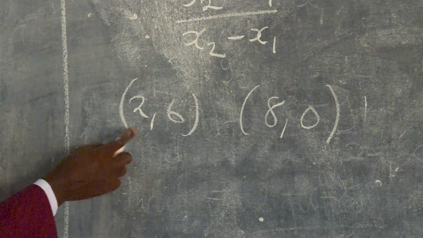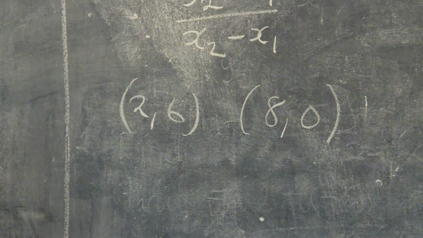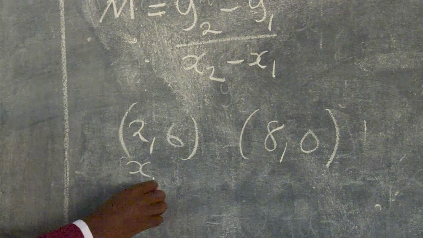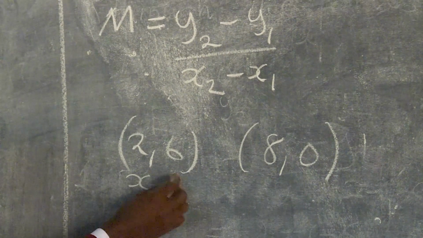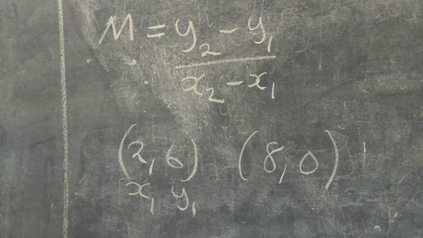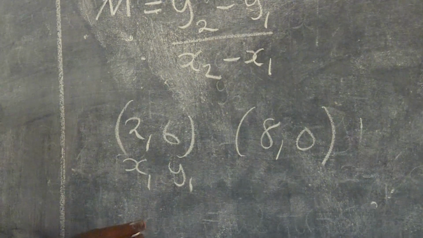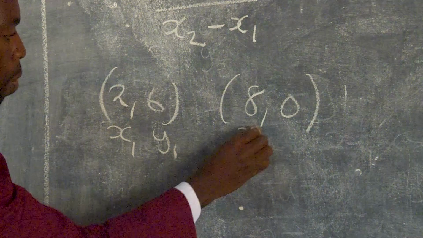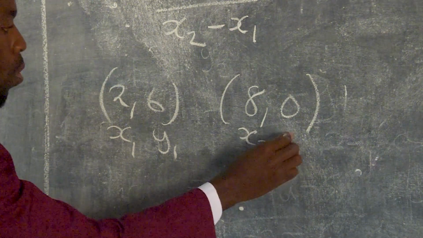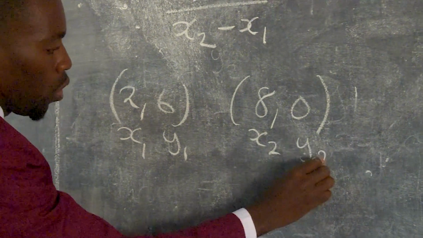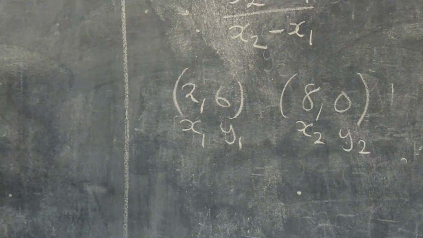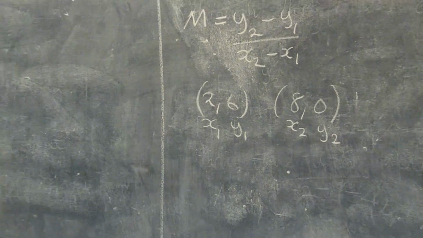So this one will be x1. Then the 6 become the y1. So you always begin with the x. So since this is x1, y1, this will be x2, y2. Then from there we will substitute in the formula.